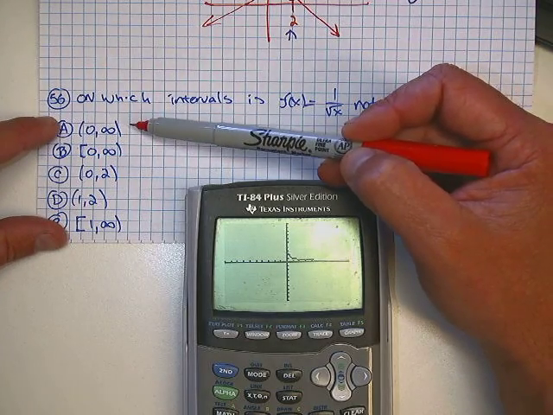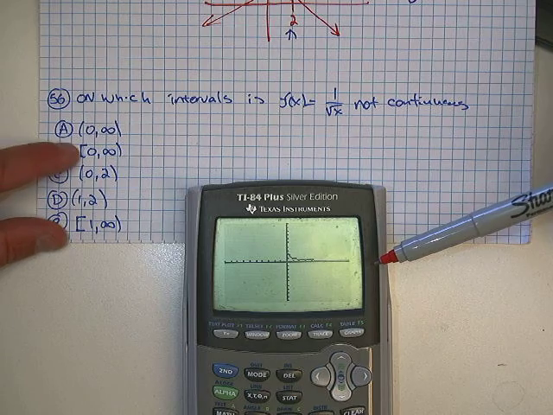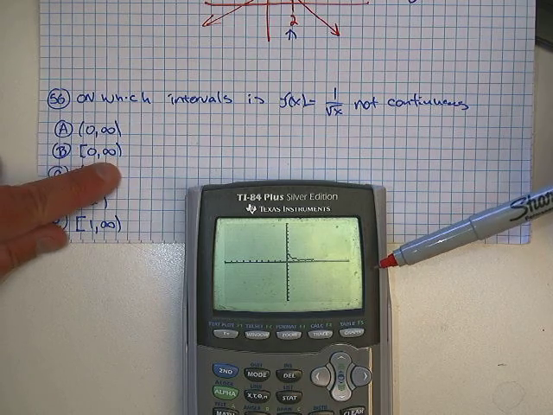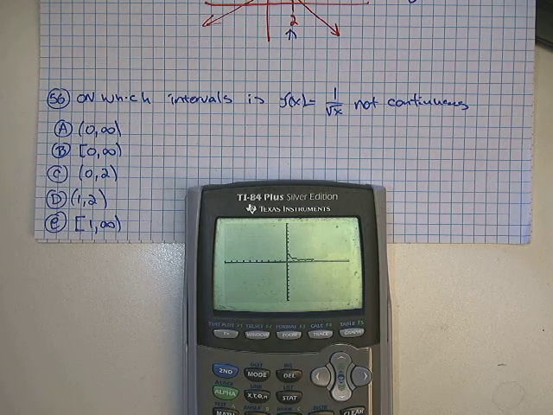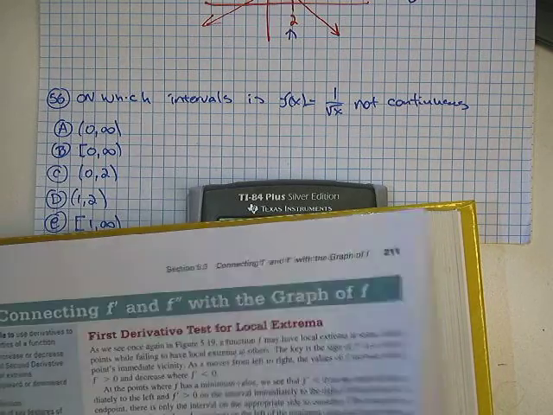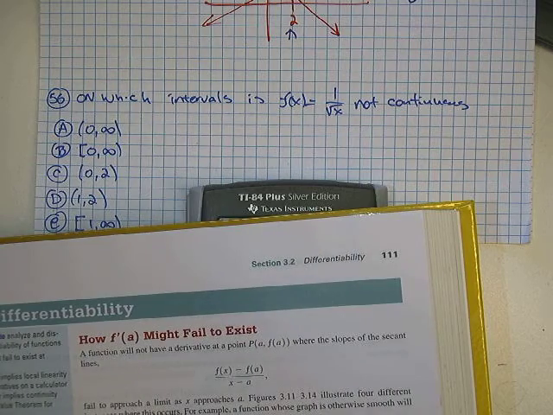On which interval is f of x equal 1 over square root of x not continuous? So the first answer is 0 to infinity. Looks continuous from 0 to infinity. Closed at 0. Maybe I have this question written down wrong. So let's open it up real quick and see what it says.